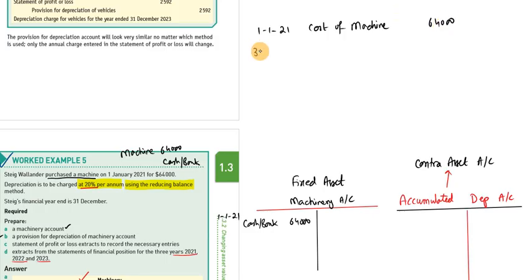At the year end, 31st December 21, the depreciation rate is 20%. So we calculate depreciation: 64,000 into 20%. So what's the depreciation expense? Yes, student, can you tell me?